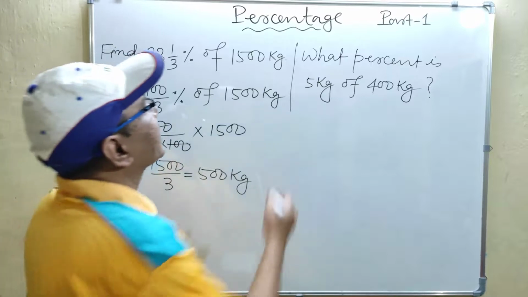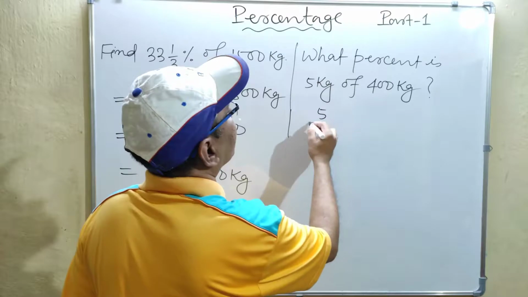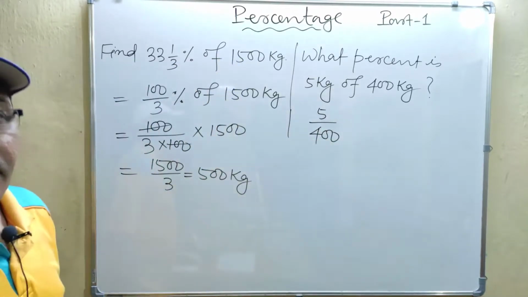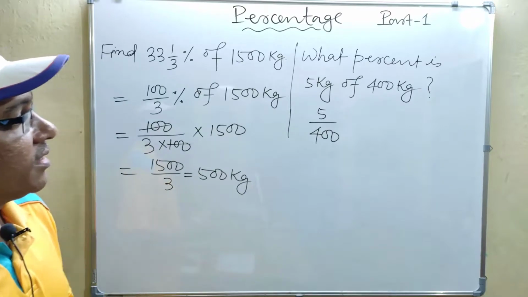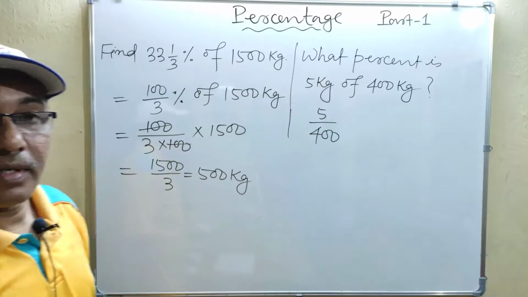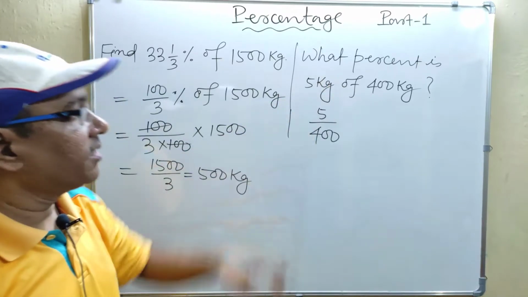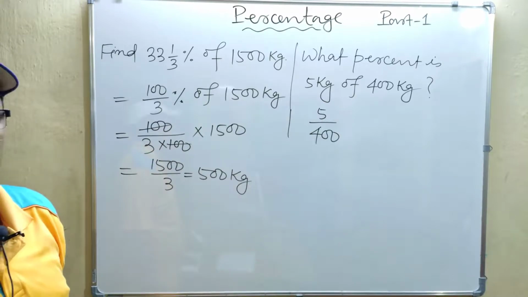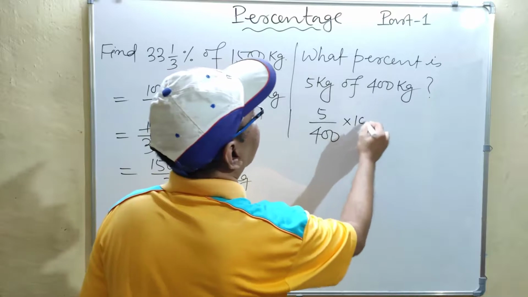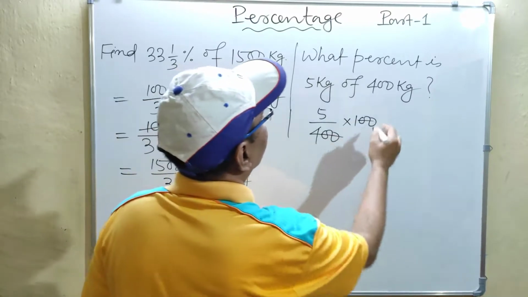Okay. See, you have to take 5 kilogram out of 400. This is the fraction. 5 kilogram out of 400 kilogram. So it is 5 by 400 is your fraction. You have to convert it into percent. So simply multiply it by 100. So 20 cancel.